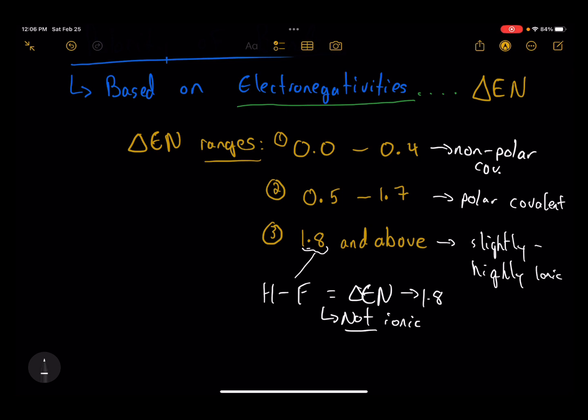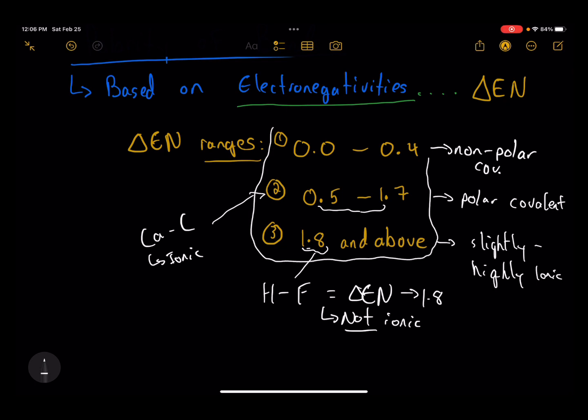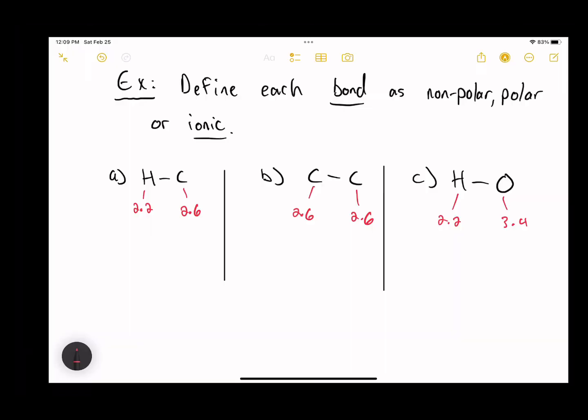So there are some exceptions, as well as some ionic compounds that also fall into this range, like calcium and carbon, or calcium carbide. That one falls within this range, but this one is ionic. So with the few exceptions, we generally like to follow this chart here and refer to it when deciding if things are polar, nonpolar, or ionic.